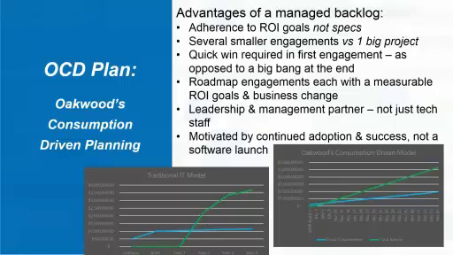So how do we get from Oakwood's consumption-driven plan to matching business value to our painting? We engage business champions and product owners like partners. We are servant leaders. And when needed, we are coaches. Doing so allows us to assist in building a transparent backlog. This transparent backlog makes it much easier to track adherence to ROI.